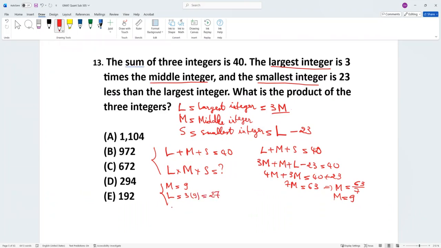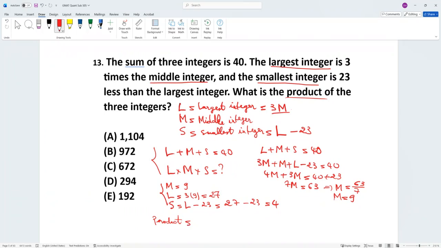And then the smallest integer is the largest integer minus 23, which is equal to 27 minus 23, which is equal to 4. Then this here is a product, because that's the question.